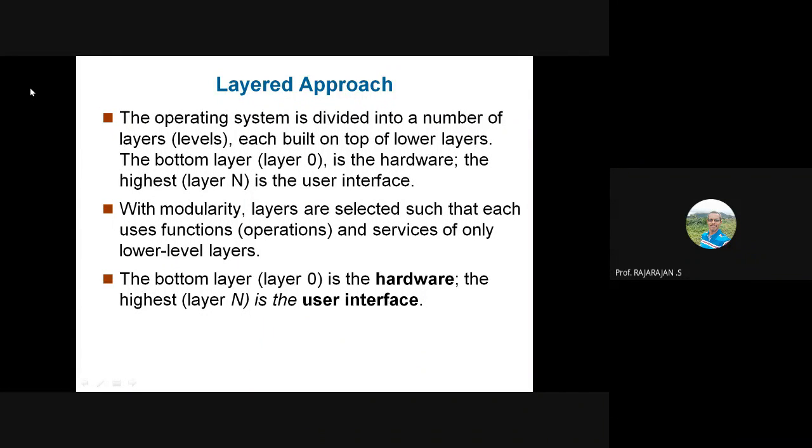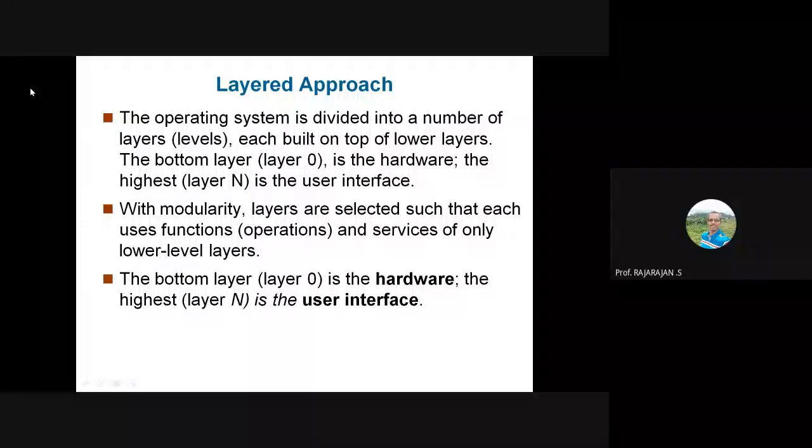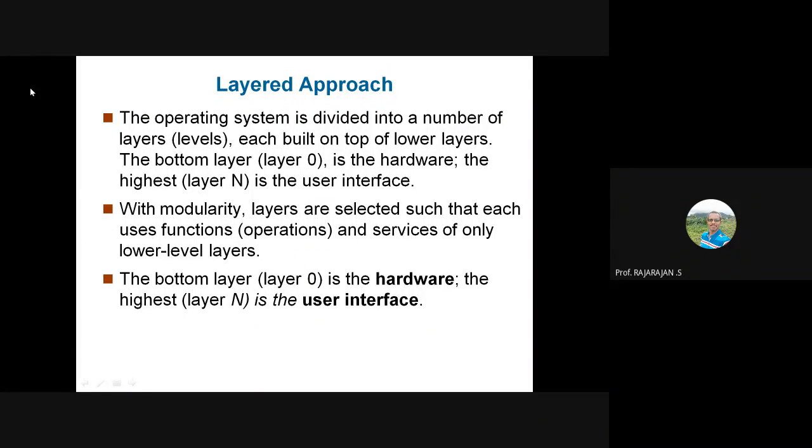Whatever the requirement of the user process, everything has to be fulfilled by the OS, which means the user program will be preempted very often due to the switch from user mode to kernel mode. This will delay it, like driving a vehicle on a road that has a large number of speed breakers. That is the drawback, and the layered approach is meant to overcome that.